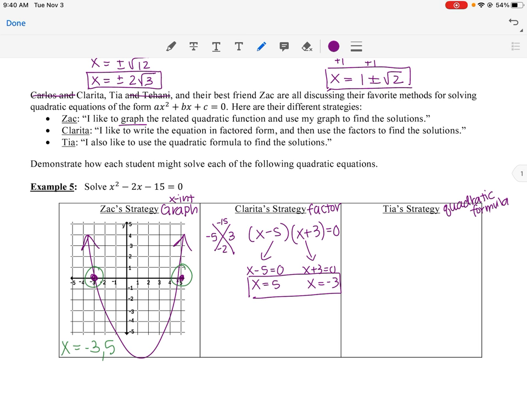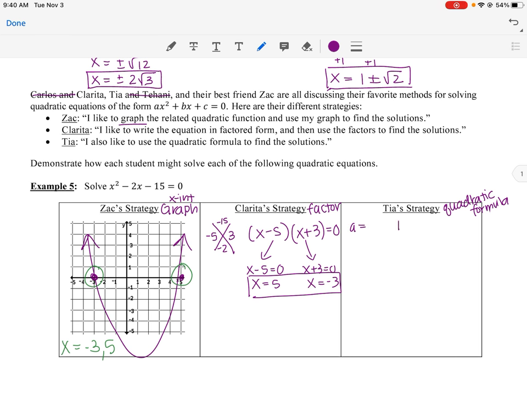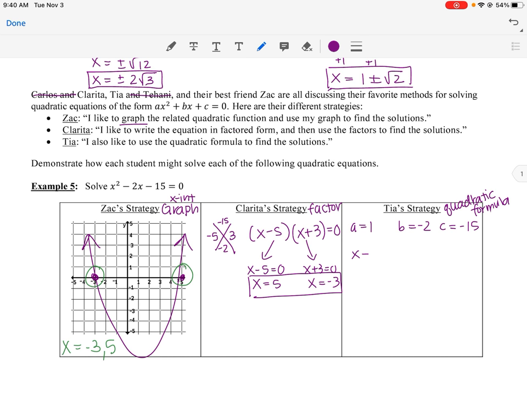For Tia's strategy of using the quadratic formula, remember you have to start with what a, b, and c are. So a is 1, b is -2, and c is -15. So we're going to plug it into our equation. So -b, the opposite of b, is +2, plus or minus the square root of b squared, which is -2 squared, minus 4 times a, which is 1, times c, which is -15, all over 2 times a, which is 1.